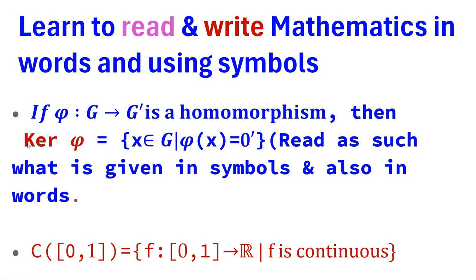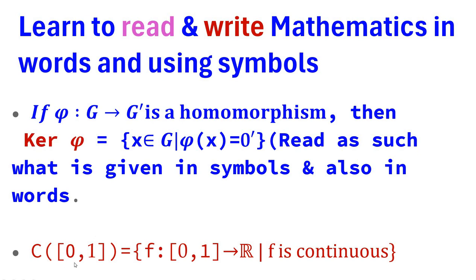So you can read this expression as such: kernel phi is the set of all x in G such that phi of x is 0 prime. But in words, kernel phi is all those elements which are mapped onto the identity element of the codomain. And in the same way, if you have such an expression, how would you read this one?